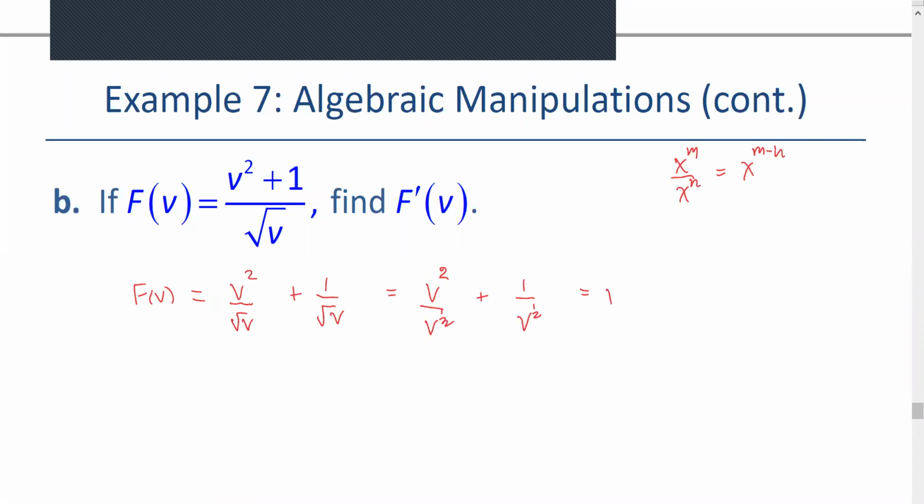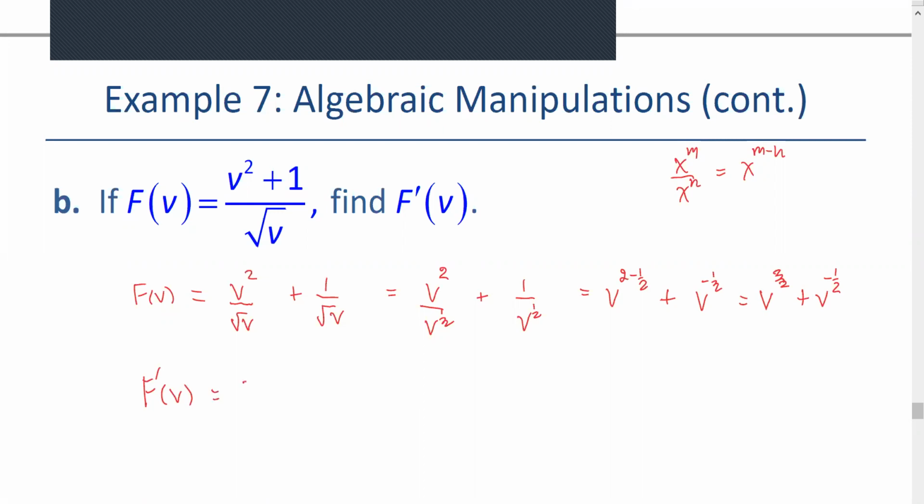The first term will be v to the 2 minus 1/2, plus the second term is v to the negative 1/2. Simplify a little bit, we get the first term as v to the power 3 over 2 plus v to the power negative 1 over 2. Next, we find the derivative of f with respect to v.